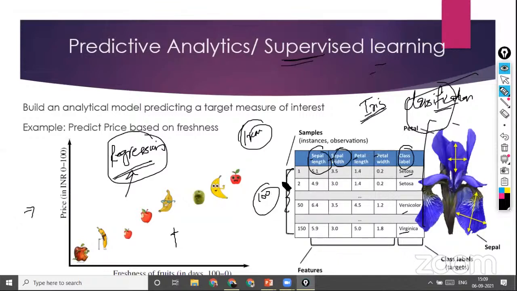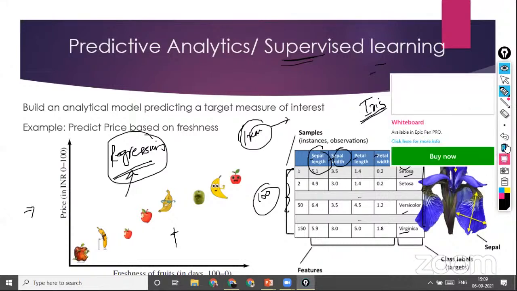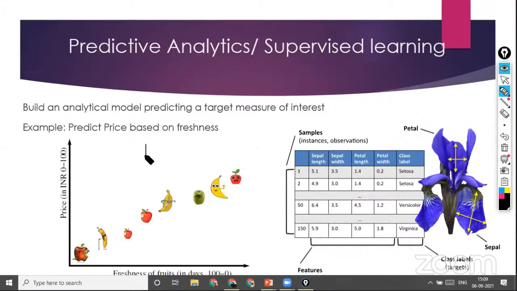Usually when you build a model, we divide into train and test data sets, and use the training set to build the model and the test set to test its performance. When you test the performance of a regression model, you can use metrics like RMSE, root mean square error, or mean absolute error. There are a lot of metrics available to test.